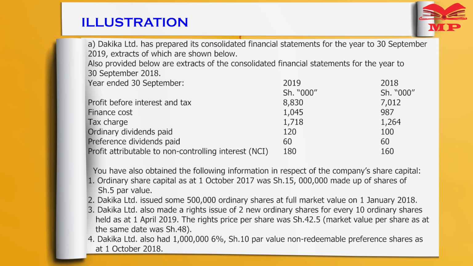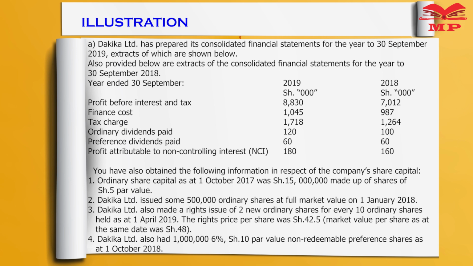The question reads, Dakika Limited has prepared its consolidated financial statements for the year which ended 30th September 2019, extract of which are shown below. Also provided below are extract of the consolidated financial statement for the year to 30th September 2018. So we are given some information for 2 years, the year which ended 30th September 2018 and 2019.